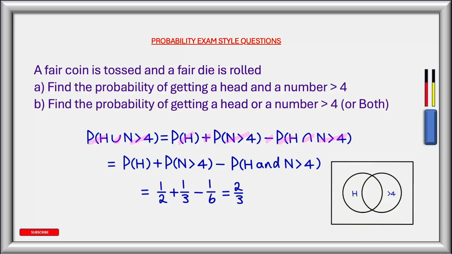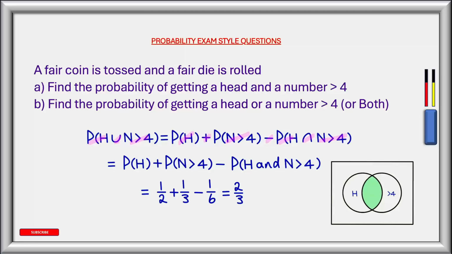Let's quickly look at why we make this subtraction using a Venn diagram. So we have 2 circles, flipping a head and rolling a number greater than 4. And so flipping a head is represented by the green shaded region on the Venn diagram. And rolling a number greater than 4 is represented by this green shaded region on the Venn diagram.